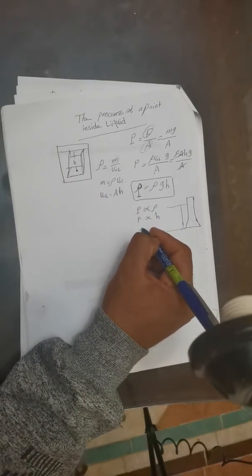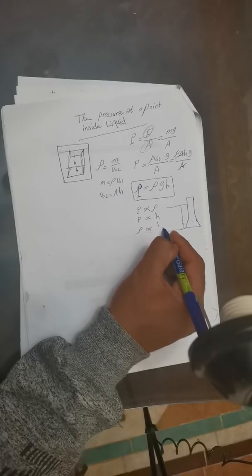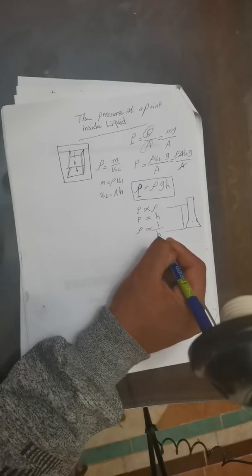But the relation between rho and H is inverse when the pressure is constant.